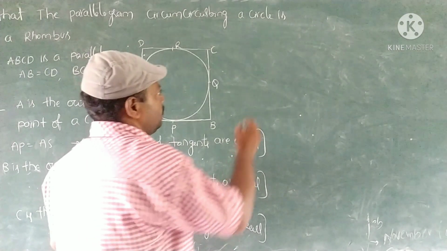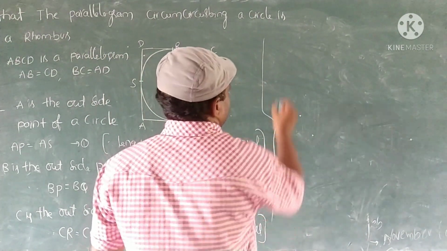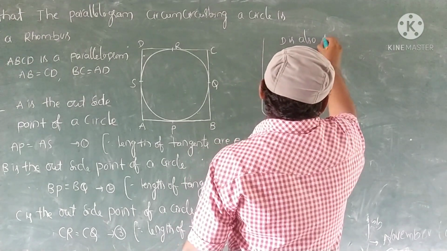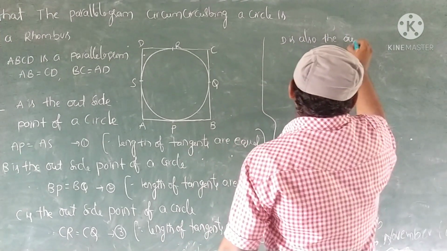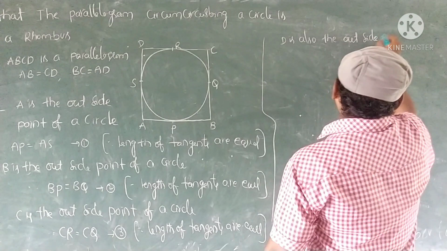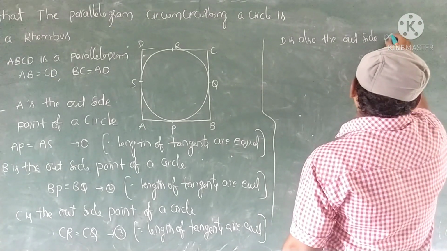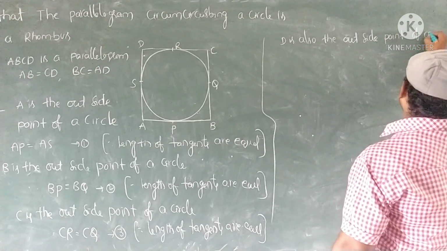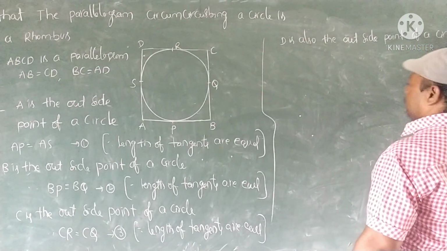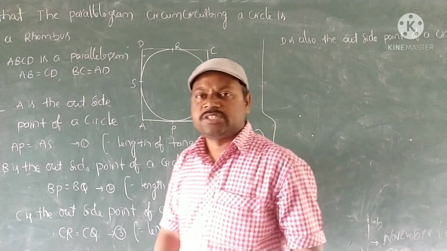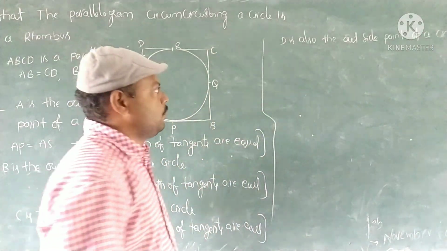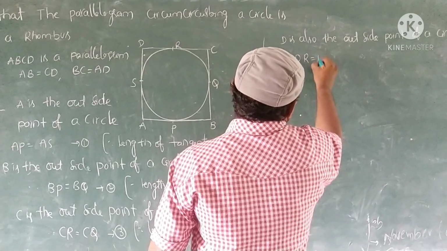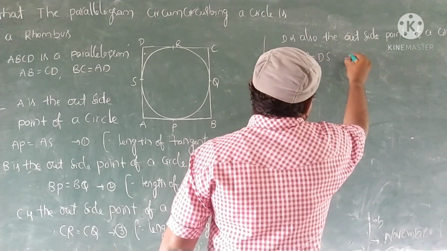D is also the outside point of a circle. That means therefore DR equals DS.